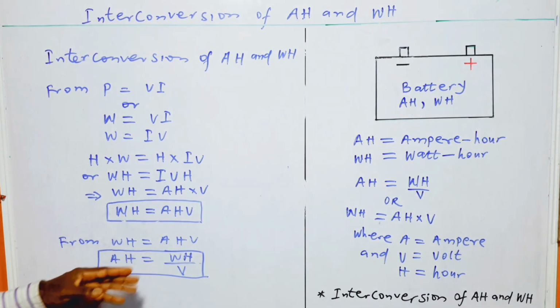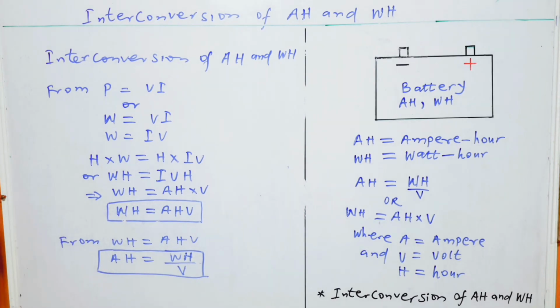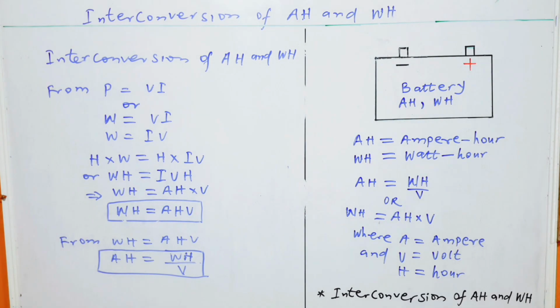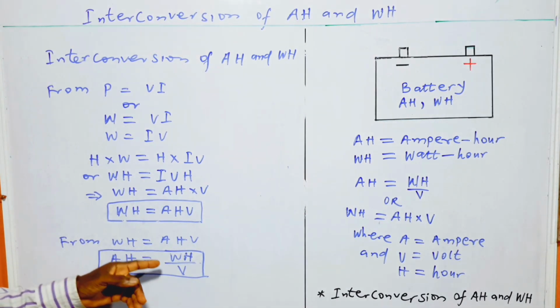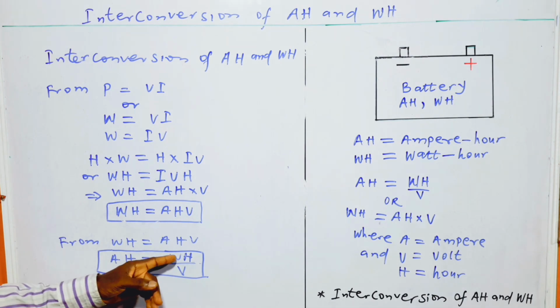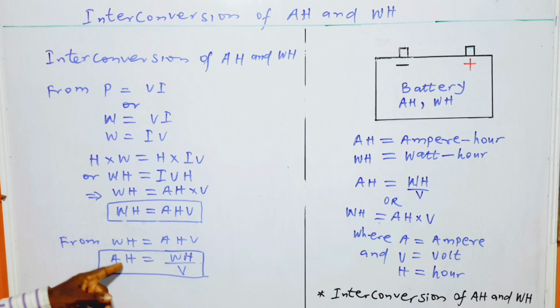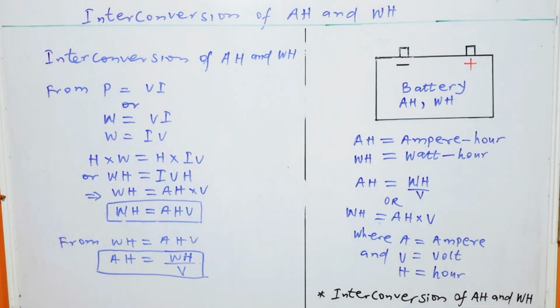So anytime you are given a battery rating in Watt-hour, provided that you know the voltage of the battery, just divide the Watt-hour by the voltage and you get the rating of the battery in Ampere-hour.